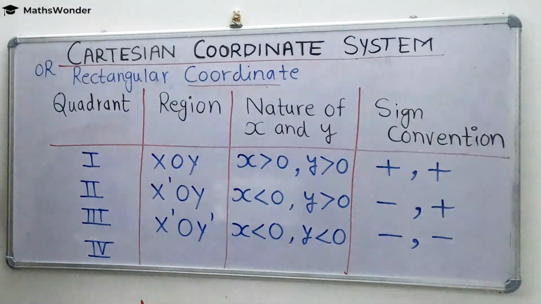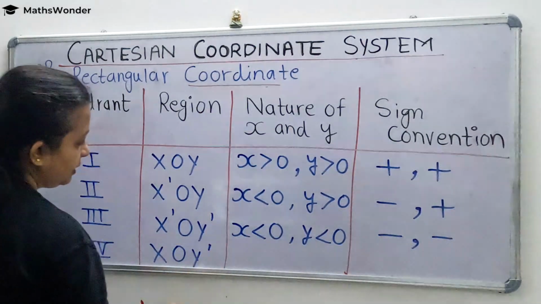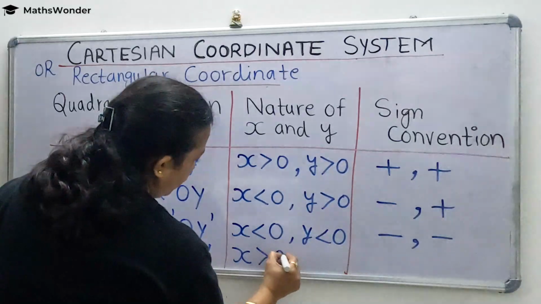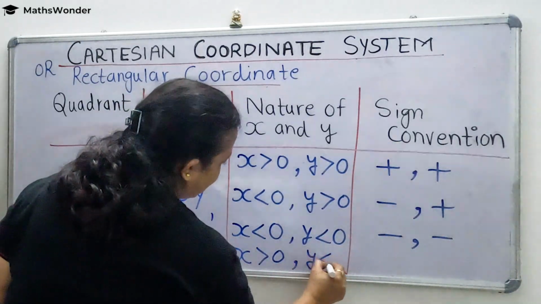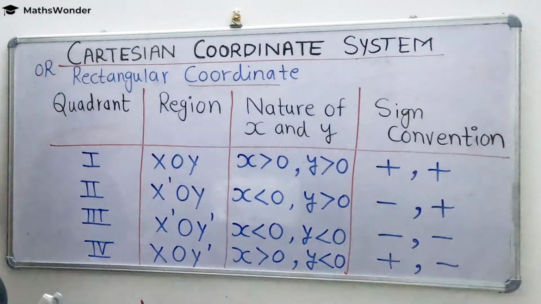And the fourth is x o y dash, where x is greater than 0 but y is less than 0, so one is positive, one is negative. This chart is very useful for the study of the Cartesian plane.